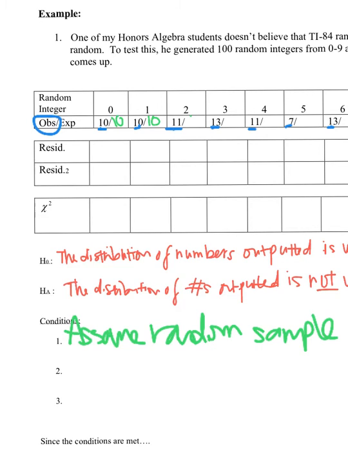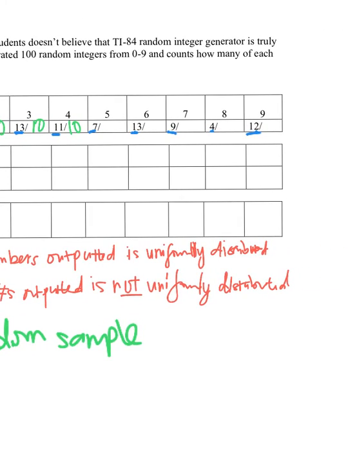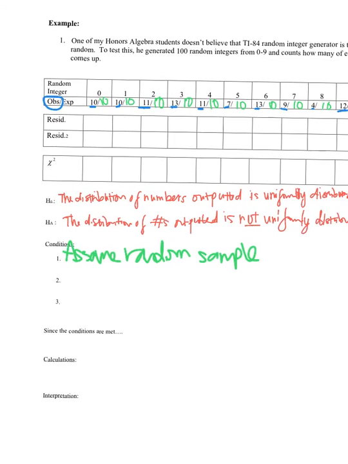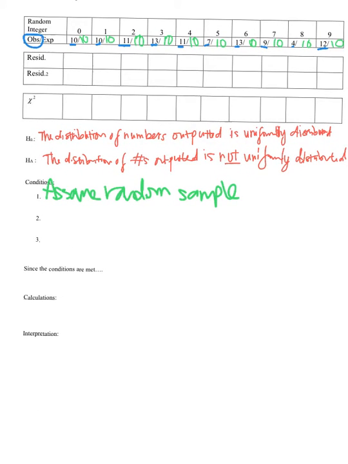I would expect 10 ones, 10 twos, 10 threes, 10 fours, etc. All right. And so these are our expected counts. Like these are the counts we would expect if the null hypothesis is true. All right, and since they are all 10, we actually do meet that condition that all expected counts are greater than or equal to 5.